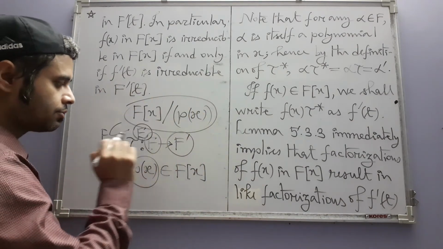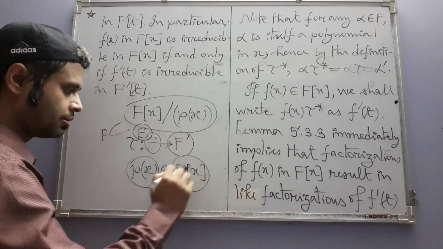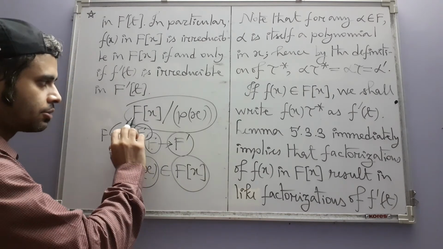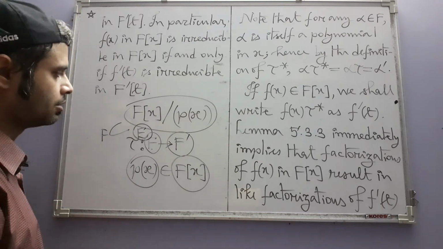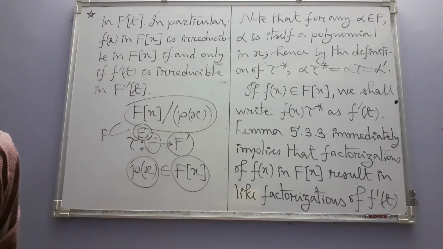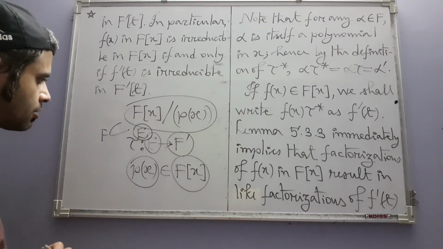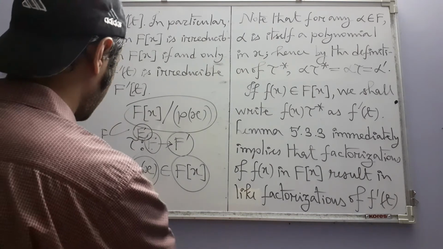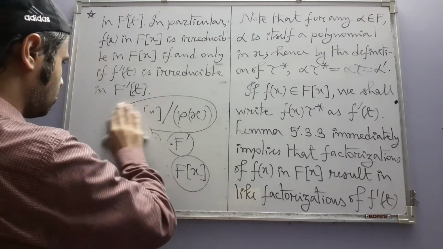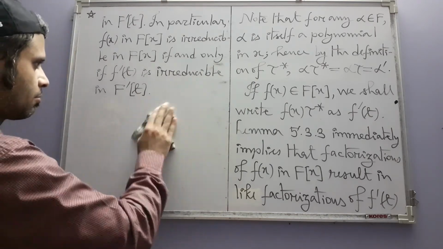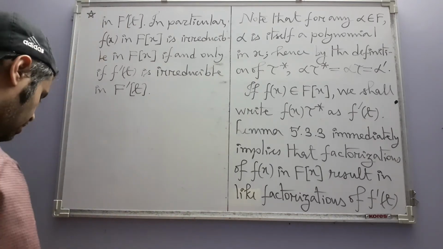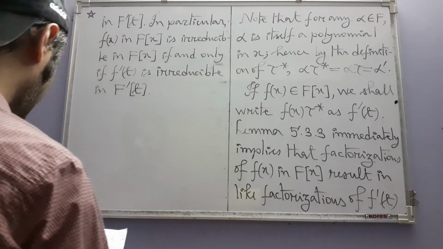First we have F, then we consider the polynomial ring F[x], then next we consider these quotients of the polynomial rings, which will turn out to be fields. So that's why the author writes like this.